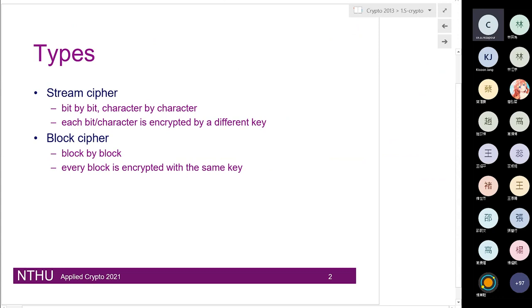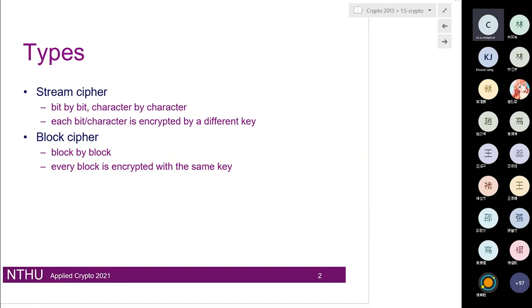So the next thing that we want to discuss is the types of symmetric key cryptography. So basically, we have two types. The first one, that we call a stream cipher, starts to encrypt things on a bit by bit or character by character basis. So if I want to design this encryption system, I have this box that does encryption, and then here my message comes in, which I can show bit by bit or character by character, M1, M2, M3, all the way.